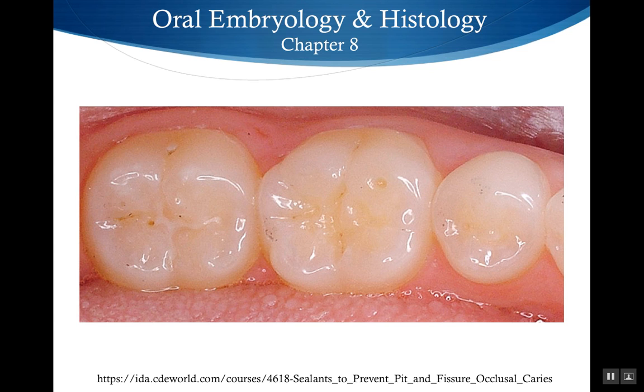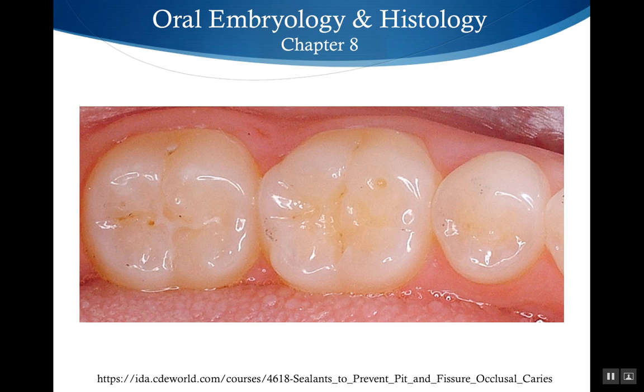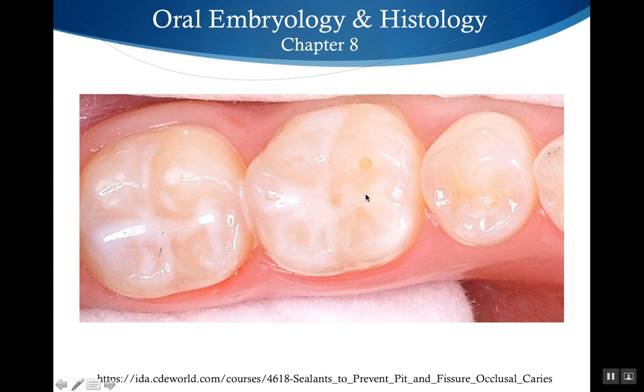And so this is the reason why we use dental sealants. As you can see, going from the previous picture where you have these unsealed pits and fissures, we'll use sealants to cover over those pits and the fissures here.